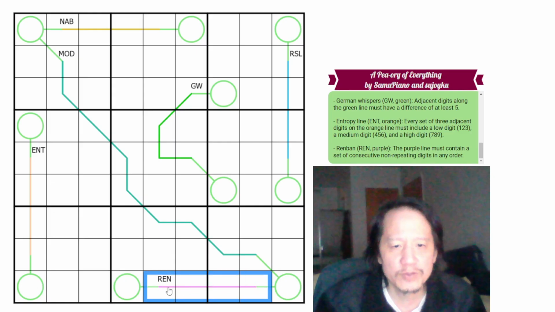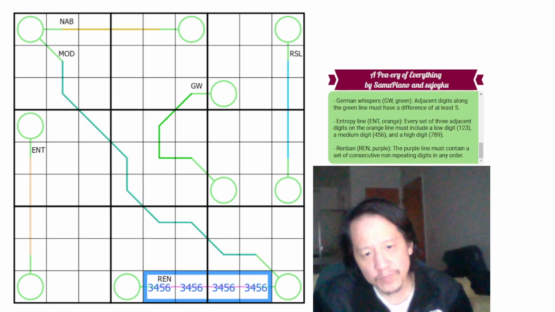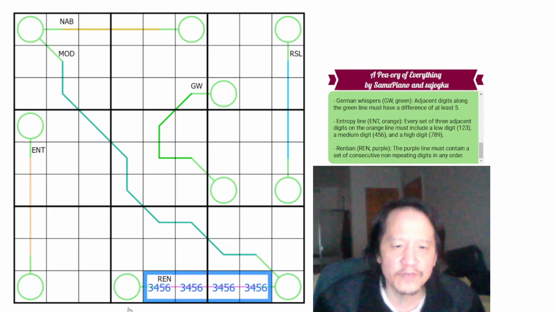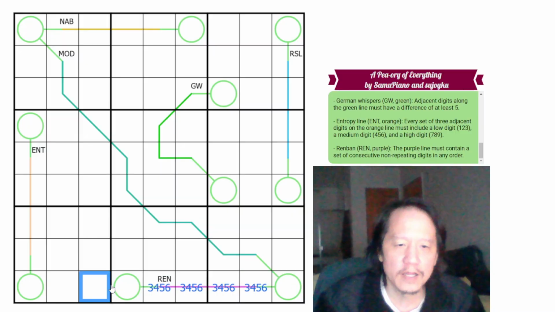Okay, so it could be 3, 4, 5, 6. 4, 5, 6, 7 adds up to 22, which is not allowed because that would be 2 2s there. So it cannot be 4, 5, 6, 7.